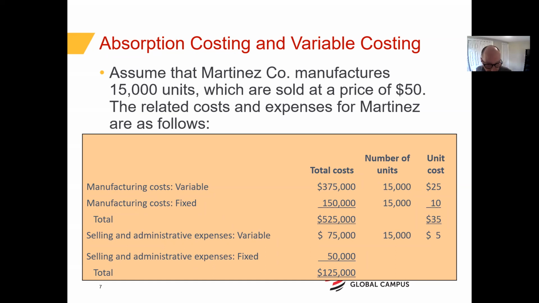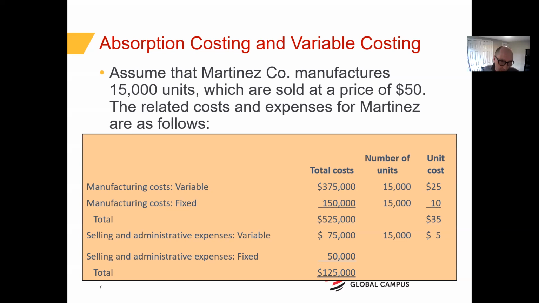We have manufacturing costs, total manufacturing costs, $525,000. $35 total per unit. We break out our fixed and variable components. Okay. Variable manufacturing costs. This would be direct materials, direct labor, and variable factory overhead. $375,000 at a total cost of $25 for variable cost.